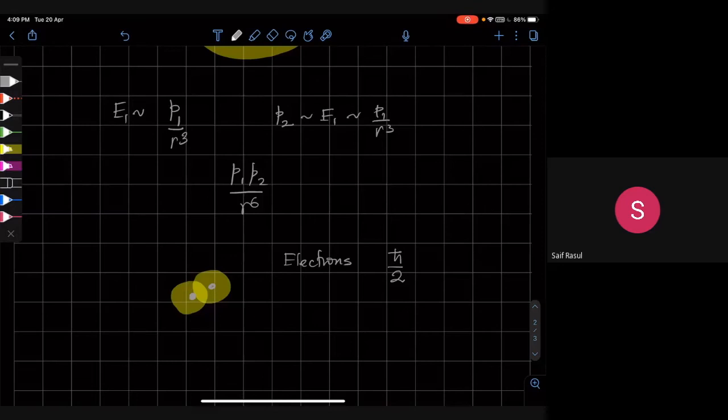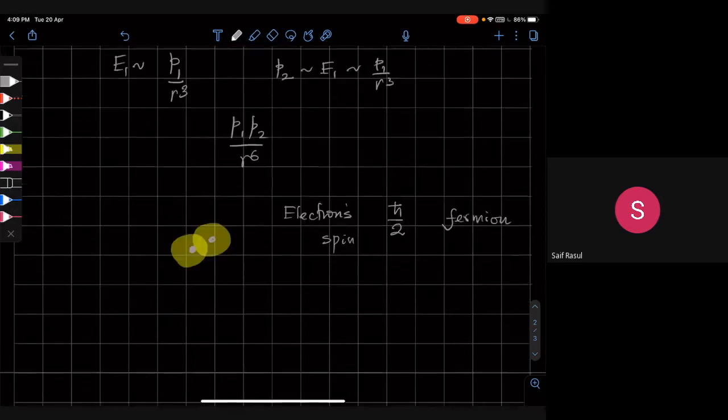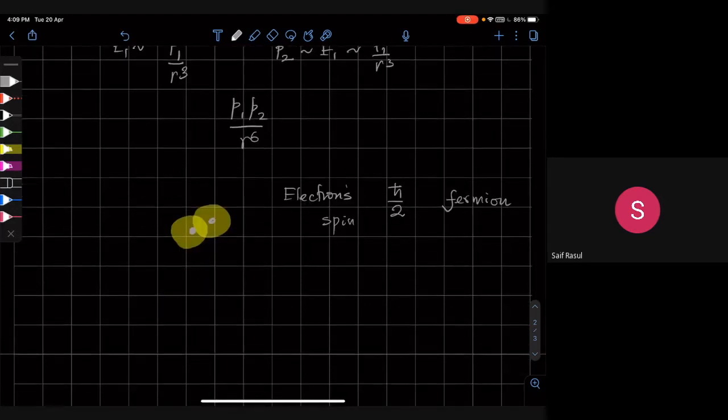So this is the electron spin, okay? In other words, electrons are fermions. So fermion starts with a small f. So in quantum mechanics, there is a principle called Fermi's exclusion principle.